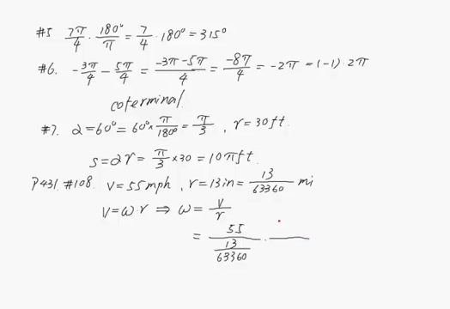Then we multiply both the numerator and denominator by 63360, and these two cancel, so you get 55 times 63360 divided by 13, and then you use a calculator to compute this, and you get 268061.54 radians per hour.